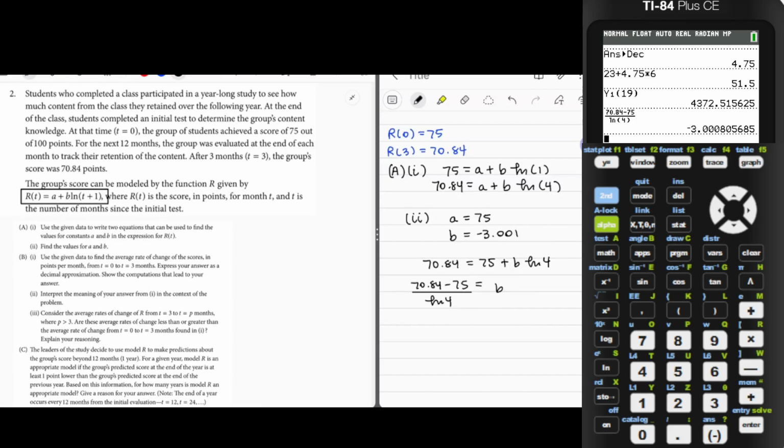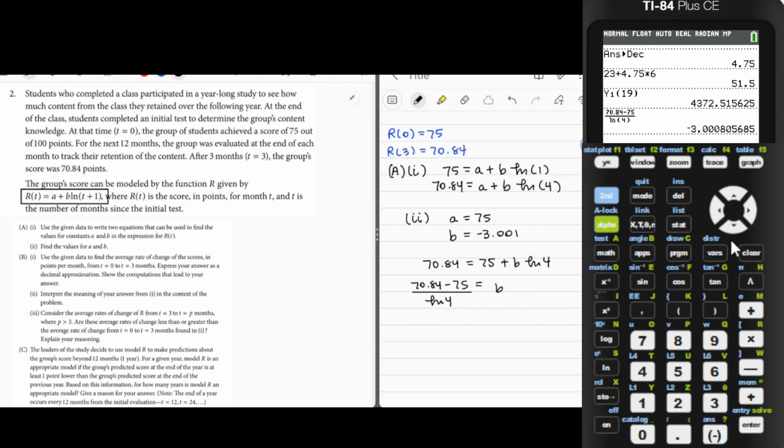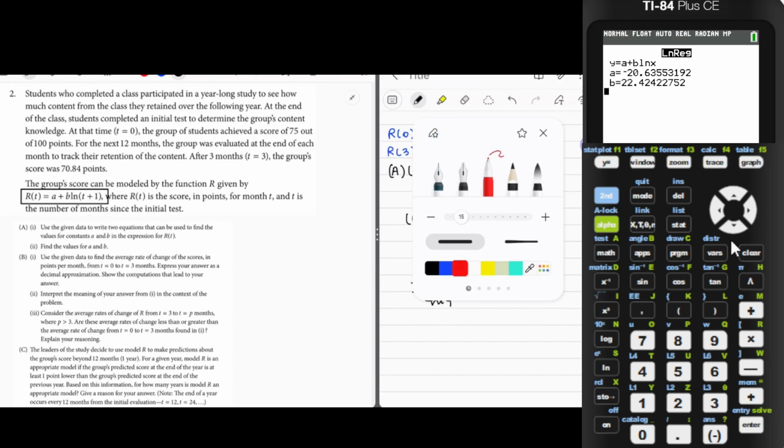I'm not sure about that, but let's just see what I would get using a different technique. If I go to the stat menu and run a regression, I have to be careful, because look, the natural log regression, option 9, gives you a plus b natural log x, but we want a plus b natural log of t plus 1. So we can do a little substitution.